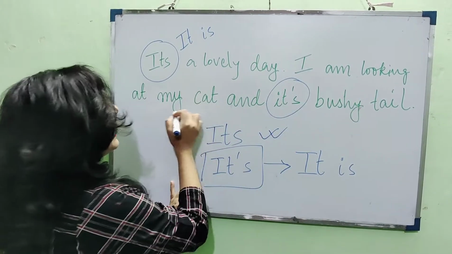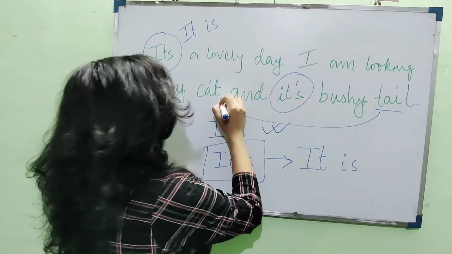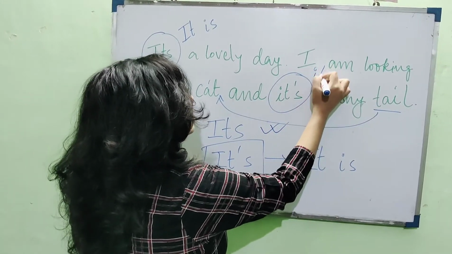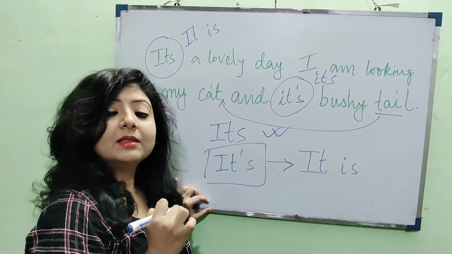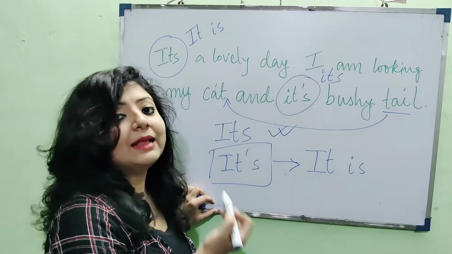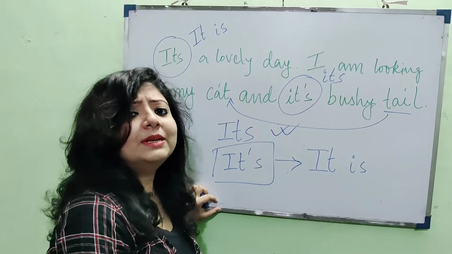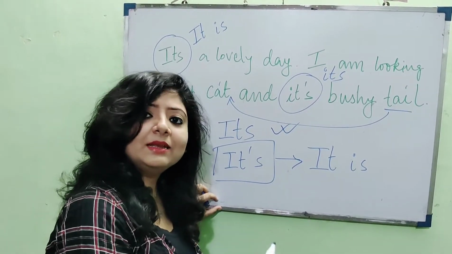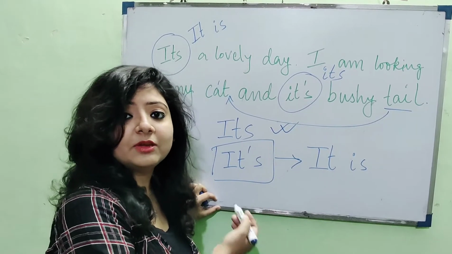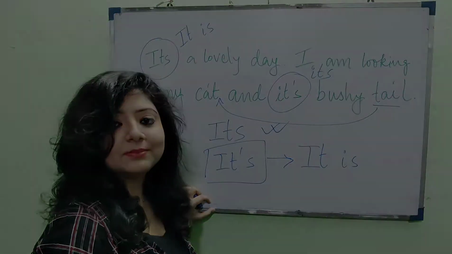I am looking at my cat and the tail belongs to the cat and therefore it should be its. Seems like the same words but they have really different usage, and this is one of the most common errors that we face while we speak in English, or especially when we write in English. So this is the first error.